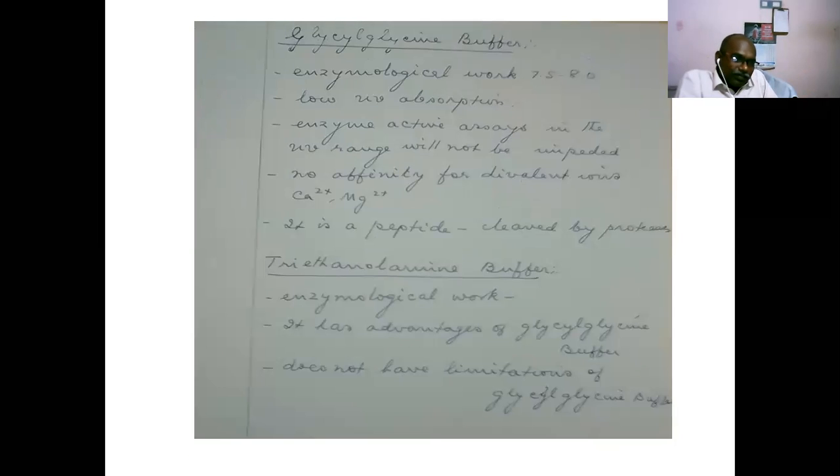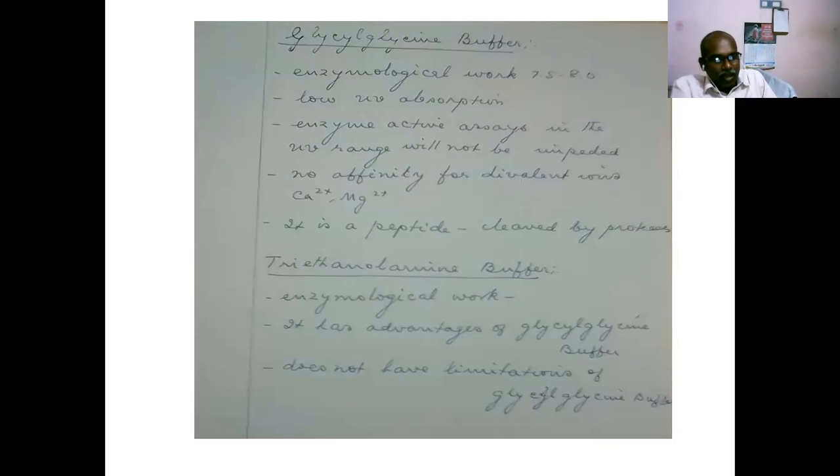So the next one, glycyl glycine buffer. From the name itself, you can understand that it is a protein-like substance. Two amino acids are coupled together. It is a peptide. You know what is a peptide linkage? Amino acids contain both an amino group and an acid group.